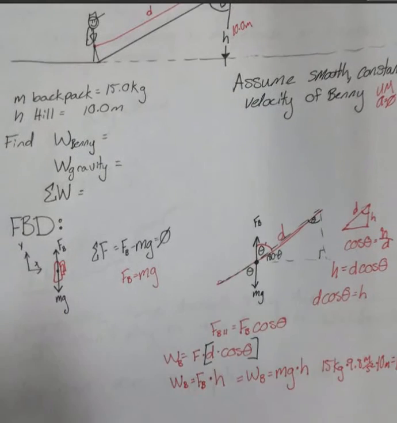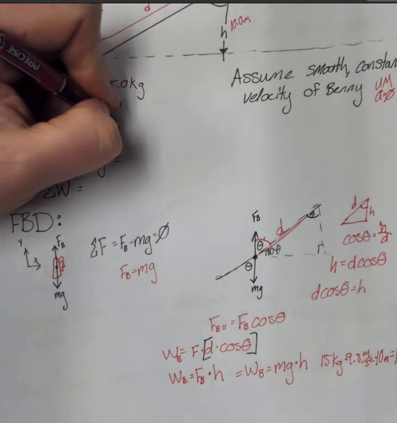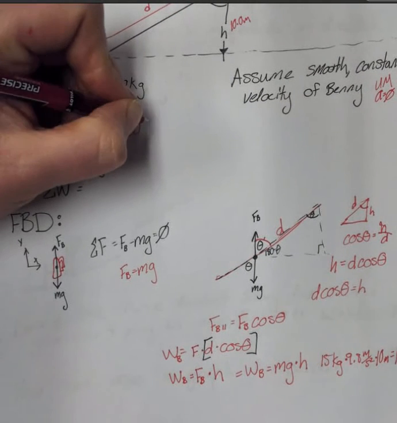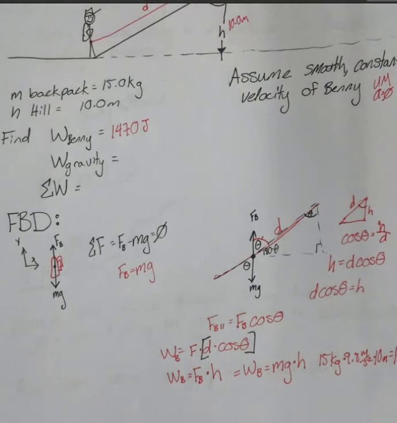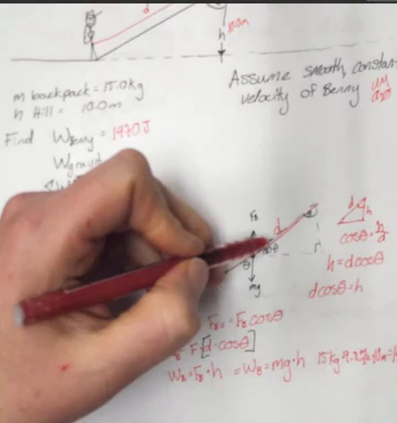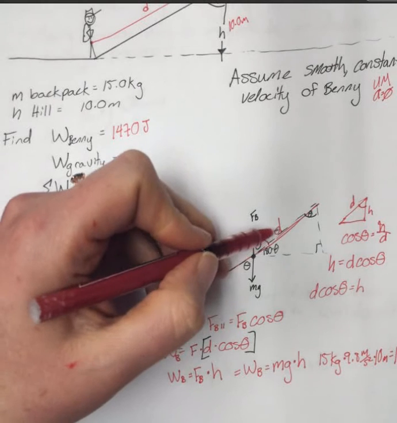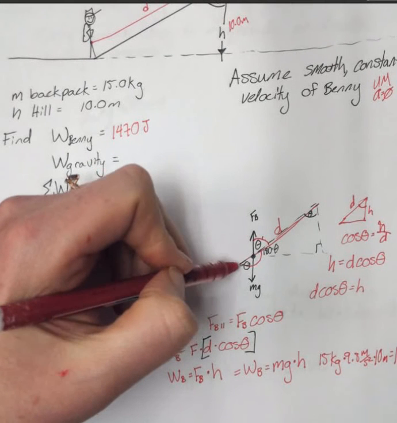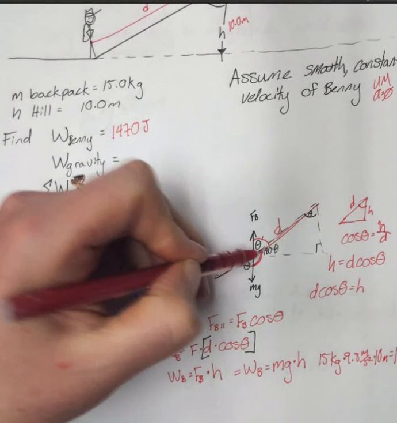So we've got that. The work Benny did is 1,470 joules.